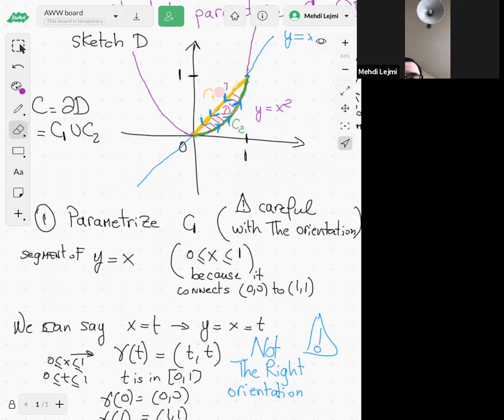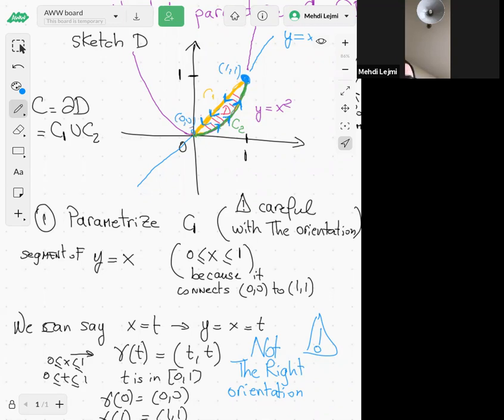So the orientation required in Green's theorem is that you need to go from 1, 1 to 0, 0.